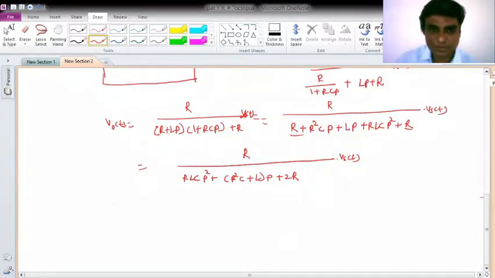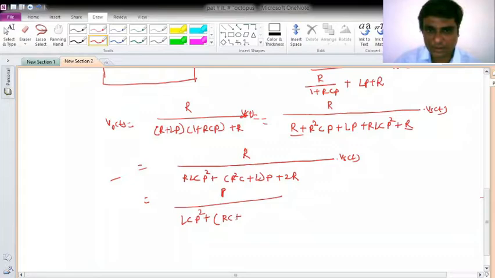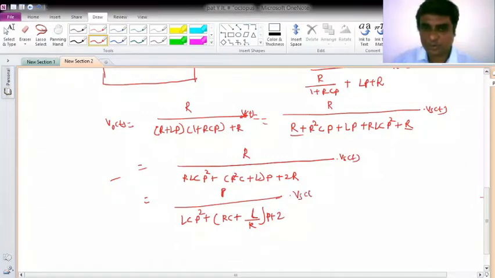Now R is common everywhere, so I replace that R. It will be 1 over LCp squared plus RCp plus L by R p plus 2, into Vs of t.